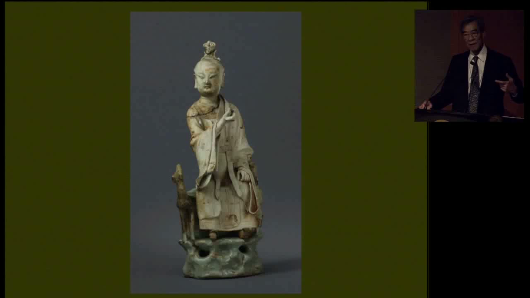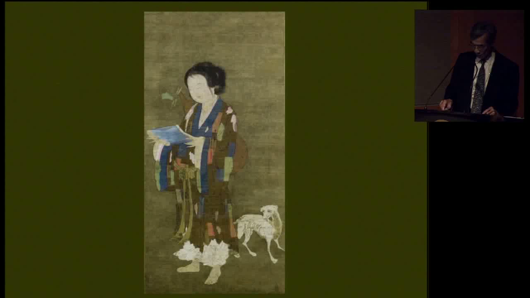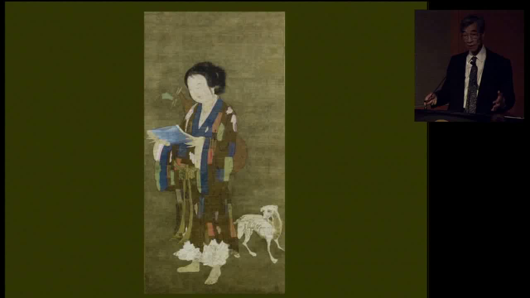The Yuan plays are completely filled with characters who are either Taoist Immortals, or Taoists of one stripe or another. So it was the most prevalent religion, and this is a Taoist figure sculpted in the round, and there are also paintings of Taoist subjects. Nobody knows who this person is.